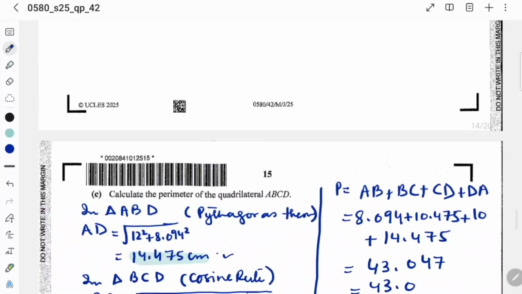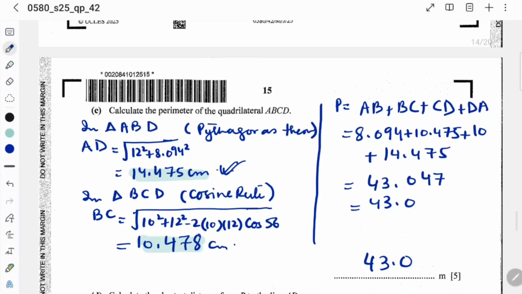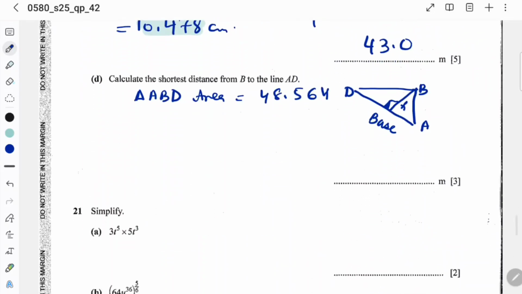So let's check what the side AD is. Side AD is 14.475, and the area is 48.564. Just check above. I've taken out all the answers from the previous questions.